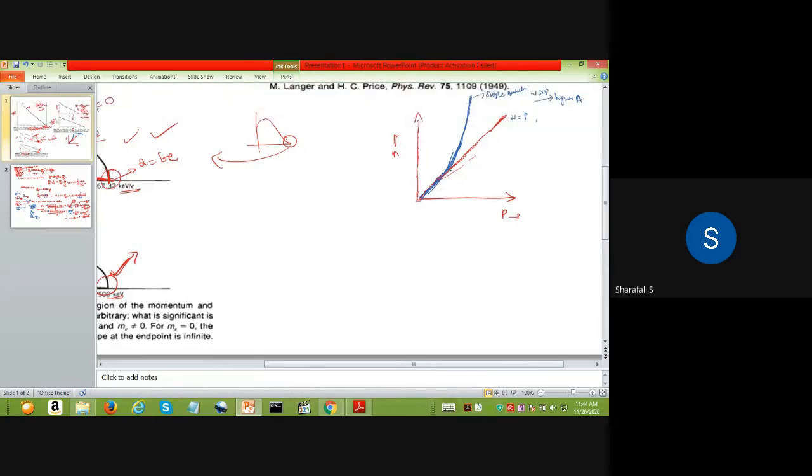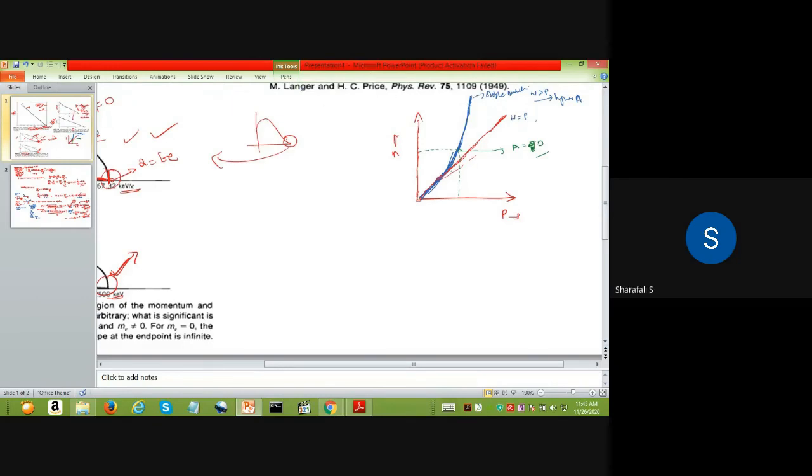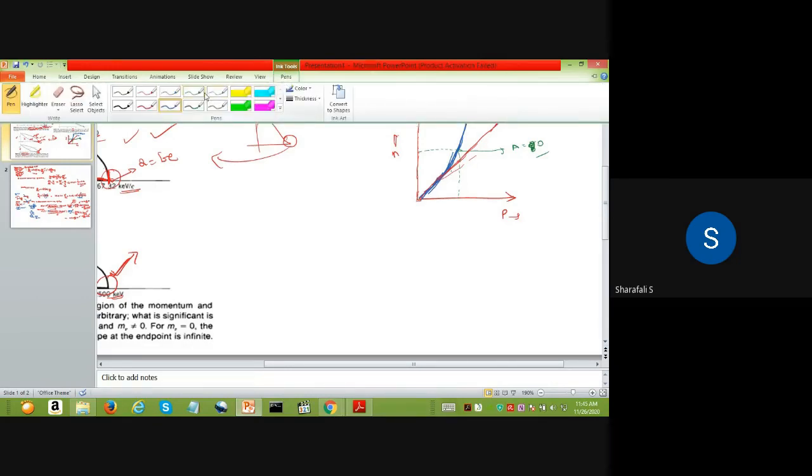For example, if I take this particular point, this is associated with some mass number, let's say 50. Or I can take a little more, some 80 of mass number. So there will be some other isotopes also along with that same atomic number.